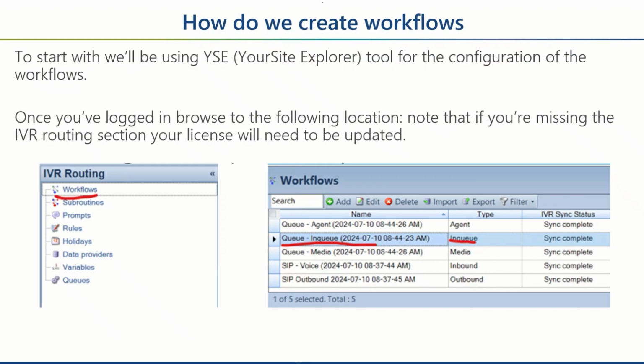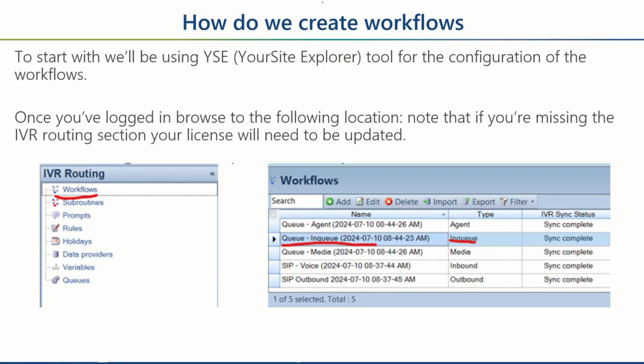To begin programming and setting up a workflow, you're first going to want to make sure that your MiCCB or MCX platform is licensed for IVR routing. Without that license in place, you will not have the option to click on IVR routing in the lower left-hand corner of your site explorer.